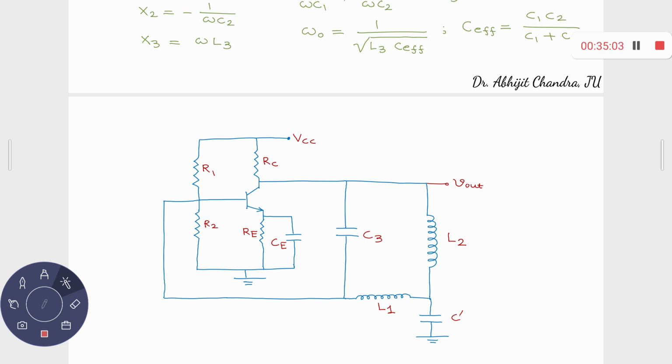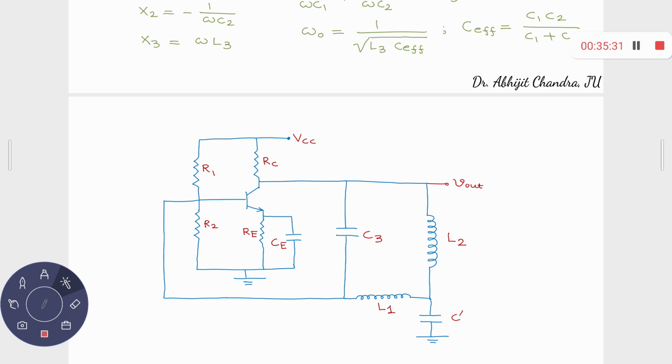This L1, L2, C3. This one was your jX2, right? This is your jX3. This is our jX1, and from this X1, X3 common point, the feedback is provided at the input, the base over there.